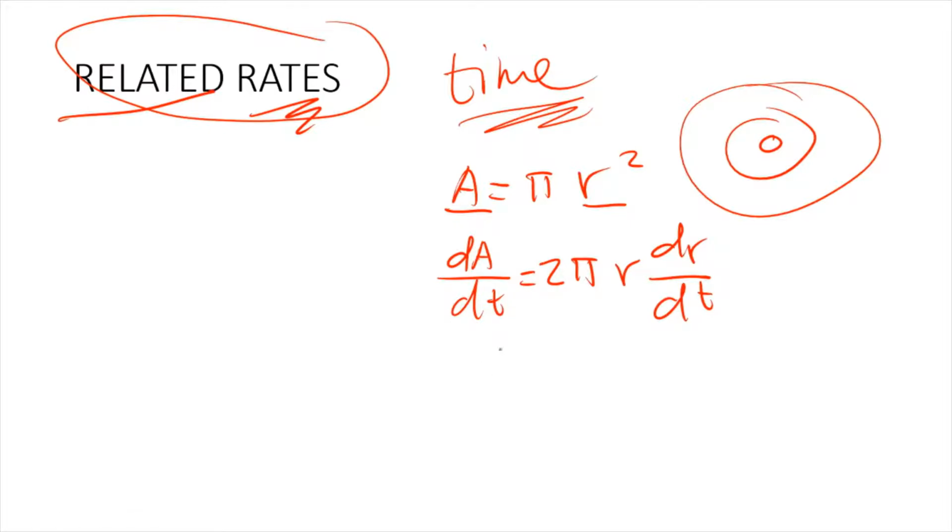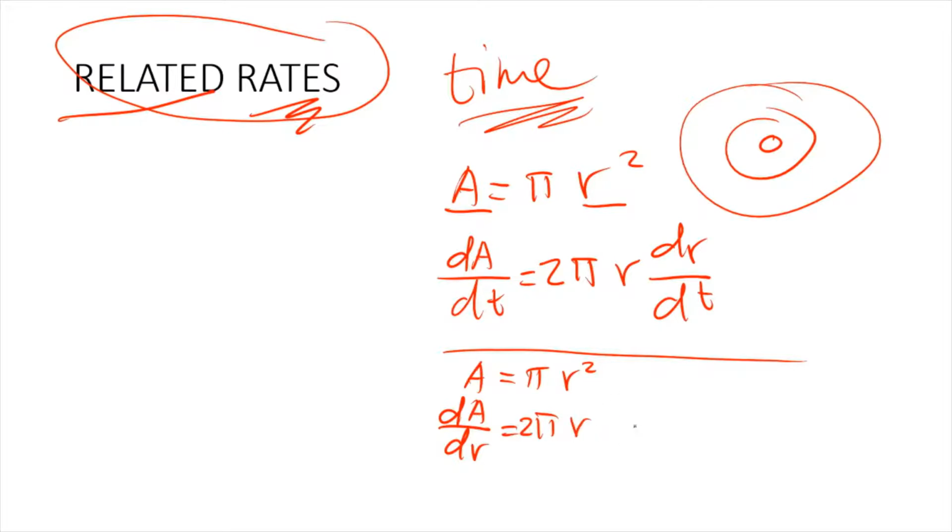Another approach in taking the derivative, okay, is through the use of chain rule. All right. So initially we have A equals pi r squared. We only have A and r. We can actually differentiate this equation with respect to r, right? So that you get 2 pi r, and then you have dr over dr. And then we apply chain rule, right?